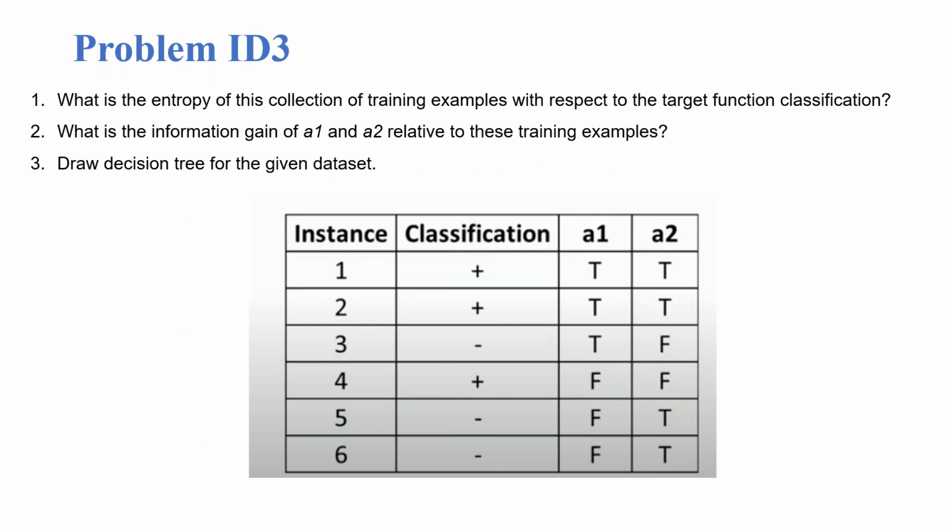So here is the problem. We have been given 6 instances in the data set, that is 6 samples, and the classification, classified as positive or negative. Then A1, A2, two types of features are mentioned.